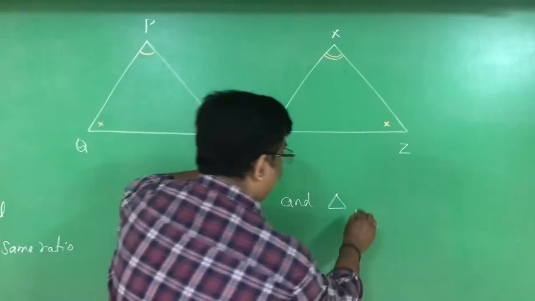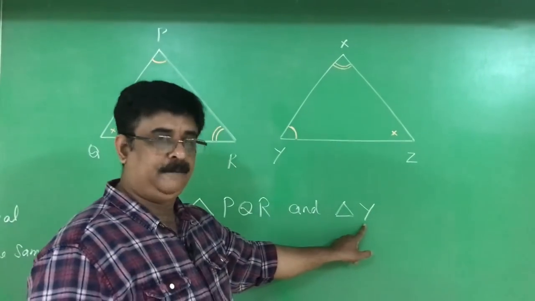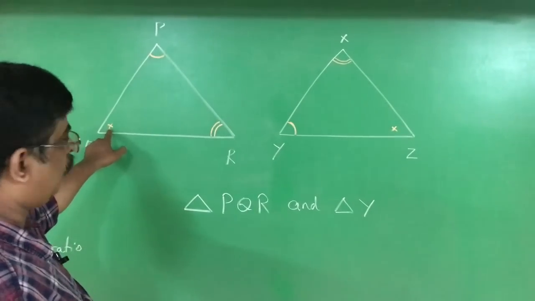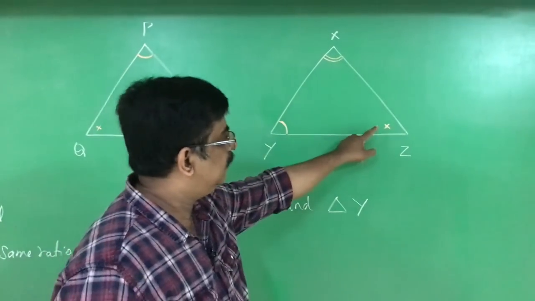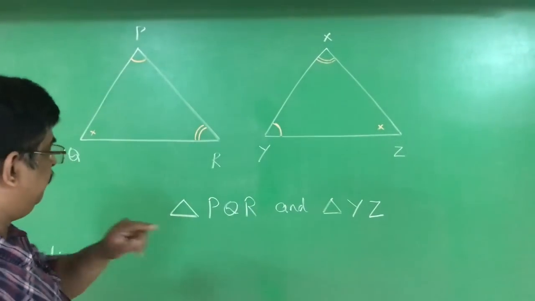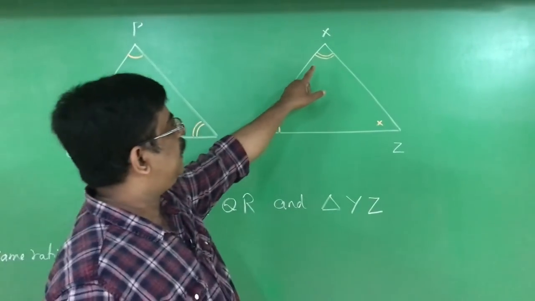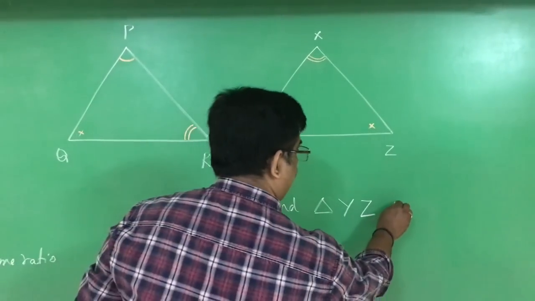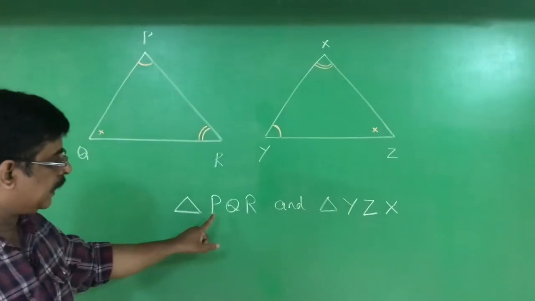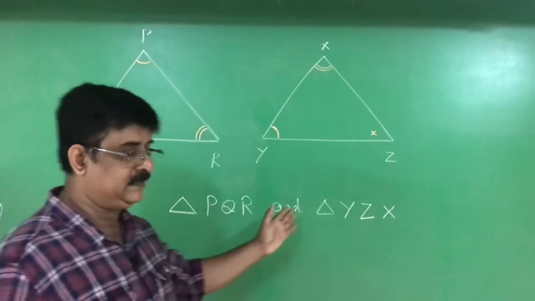Angle Y. Therefore, the first letter should be Y. P is corresponding to Y. Next is Q. Q I marked as a cross, which is the cross in this Z. Therefore, Y, Z. Then comes R. R is the double arc. Where is the double arc here? X. Therefore, I name these two triangles according to their corresponding angles or corresponding vertices.